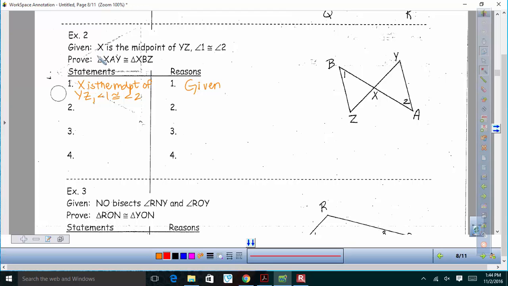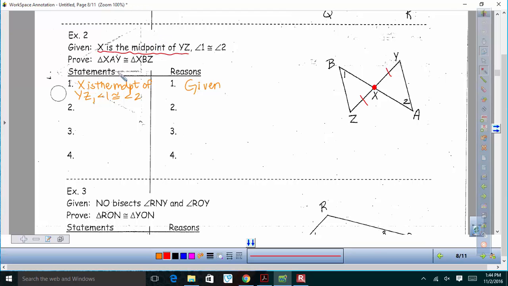Now, up here we have that X is the midpoint of YZ. So X is right here. Do y'all remember what the definition of midpoint means? It's a point in the middle of a segment, but it specifically cuts it in half. So that means that from Y to X and from X to Z, those are congruent. Now, up here, does it say Y to X and X to Z is congruent?